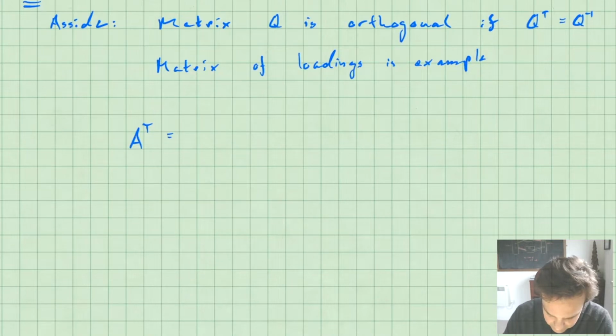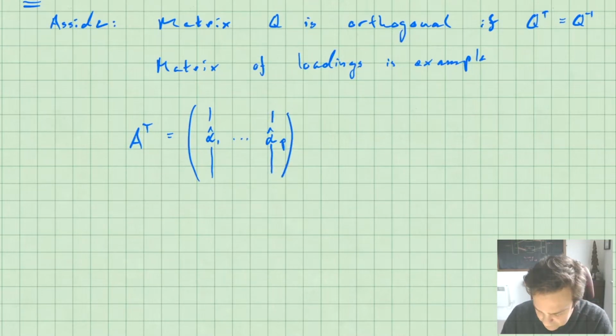It's got these unit eigenvectors, like this. And then the transpose has those things as, so A itself has those things as rows.